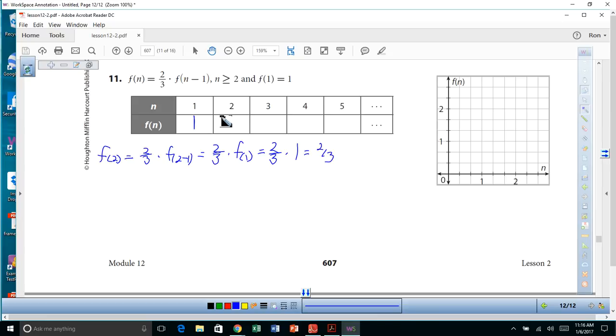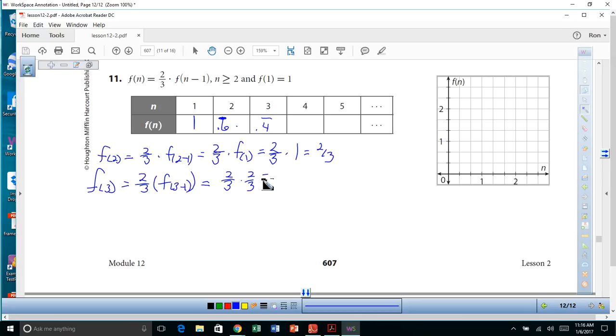So this is going to be 2/3 or 0.6 repeating. 0.66666, and so on. F of 3 is going to be 2/3 times f of 3 minus 1. Well, 3 minus 1 is 2, and f of 2 is 2/3. So we're going to have 2/3 times 2/3. And that's going to be 4/9, which ends up being about 0.4 repeating.